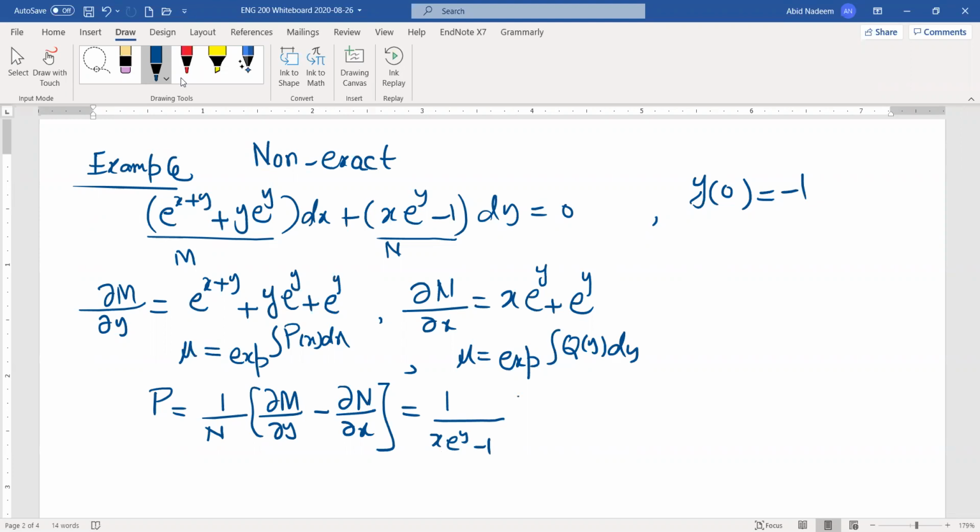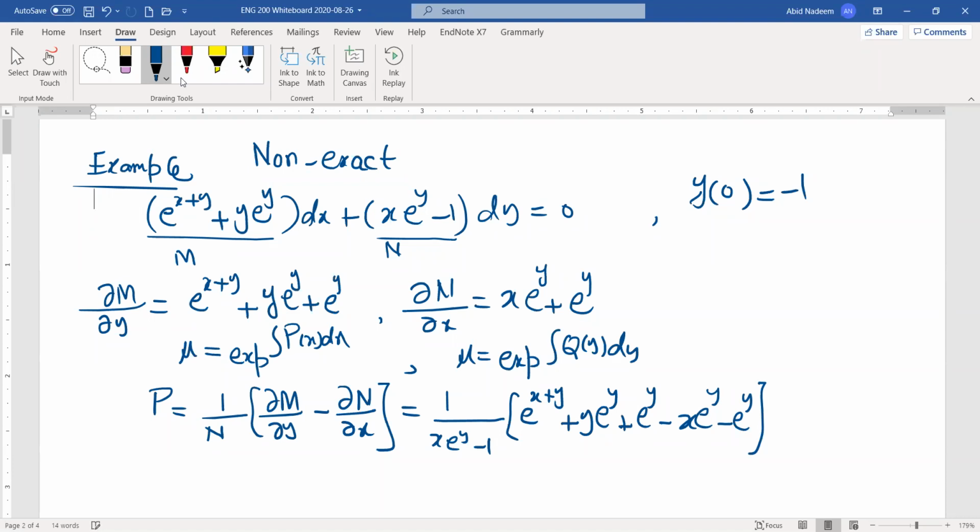And then what is partial M over partial y? Partial M over partial y is e power x plus y plus y e power y plus e power y. Then you have minus x e power y and minus e power y.